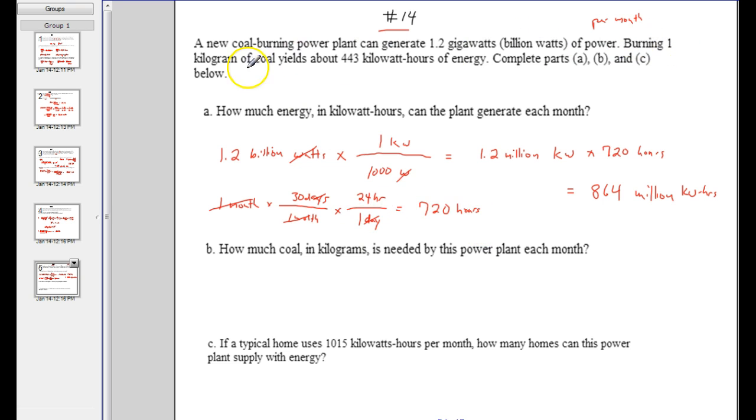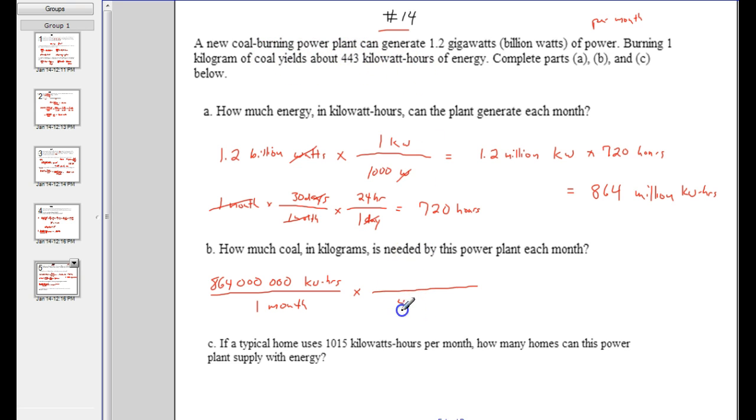This says 1 kilogram of coal gives us 443 kilowatt hours of energy. We've got 864 million kilowatt hours in a month, times, this tells us that 1 kilogram of coal is about 443 kilowatt hours of energy.